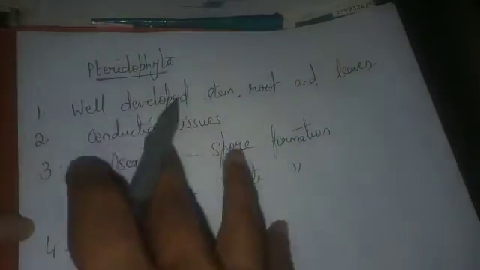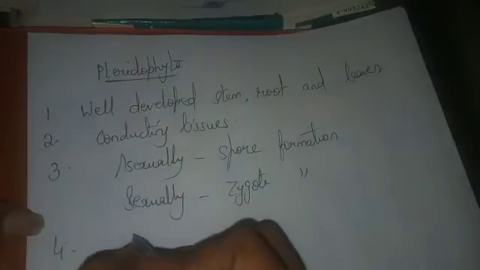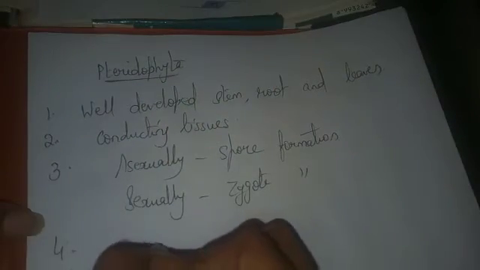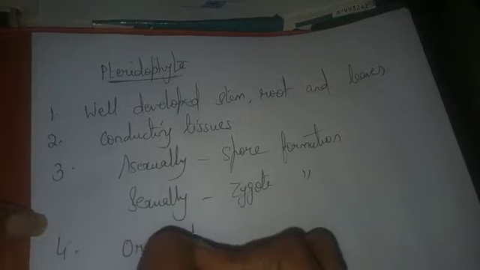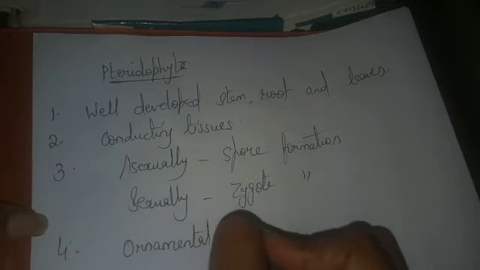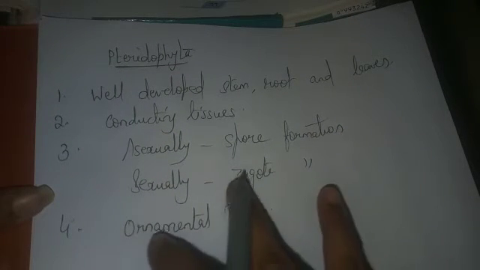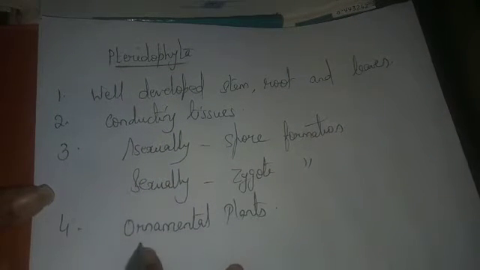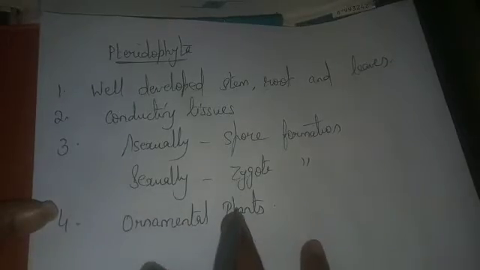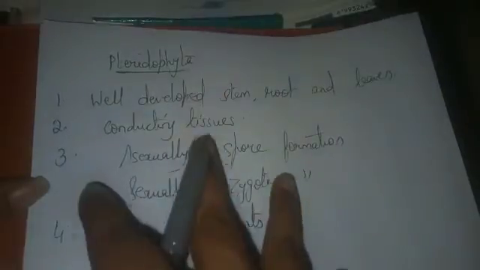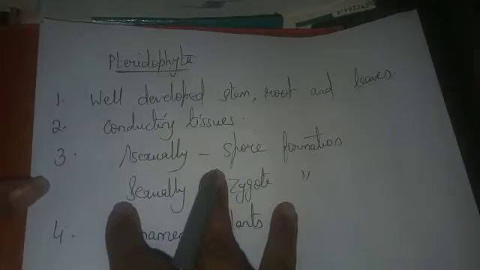Fourth, generally you will find that Pteridophyta are used as ornamental plants. Generally they are used for decorative purposes. If you look at ferns, people use them as ornamental plants. So these are the characteristics of Pteridophyta.